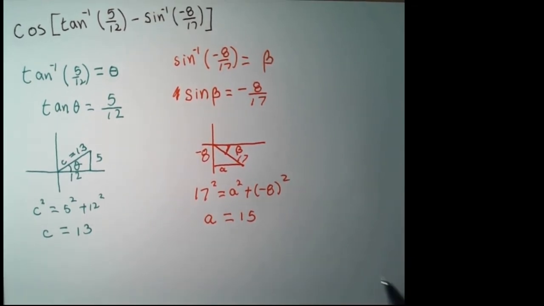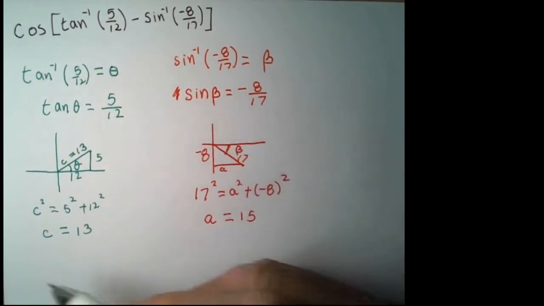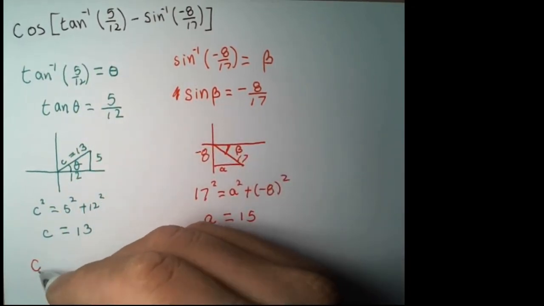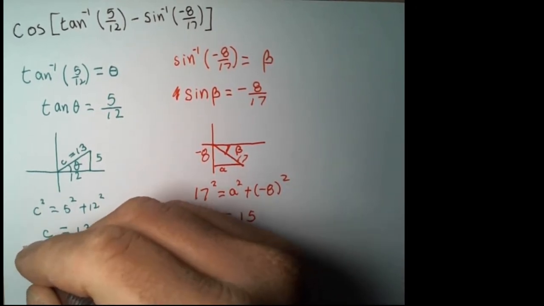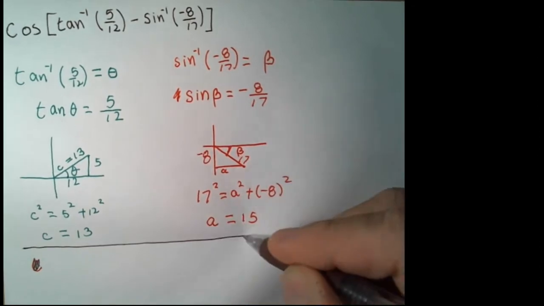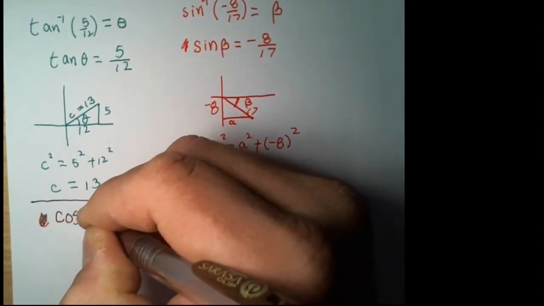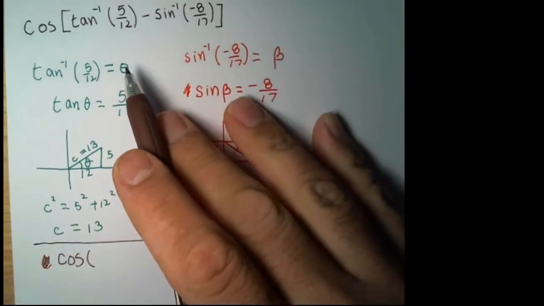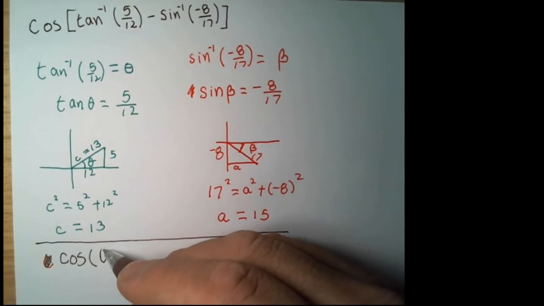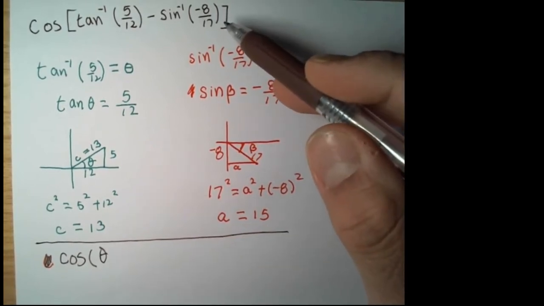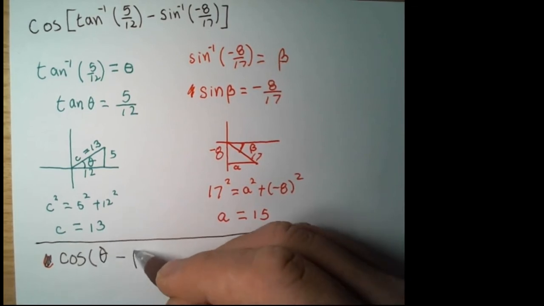Now let's go back to our original expression, the one we wanted to evaluate. What it comes down to is evaluating cosine of tangent inverse of 5 over 12, which I called theta, minus sine inverse of negative 8 over 17, which I called beta.